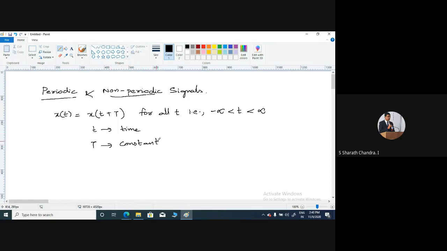It represents a constant representing the period of the wave with which your signal is repeating.